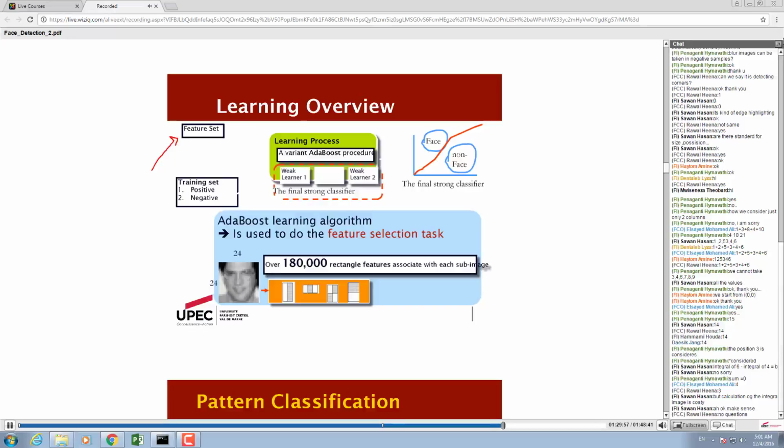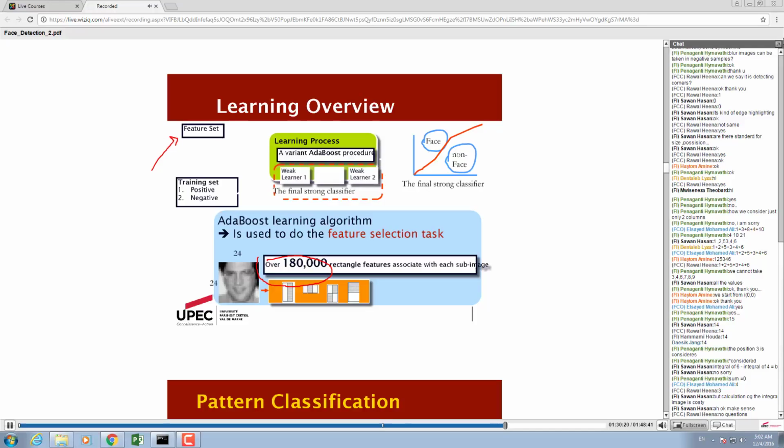In the beginning of the learning, we assume we have the prepared feature set, prepared based on the highlight features.